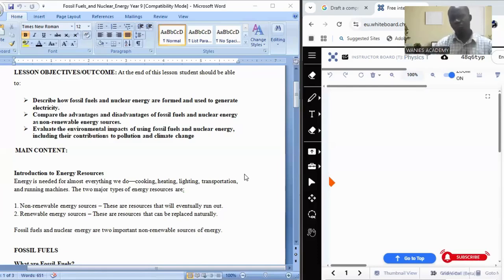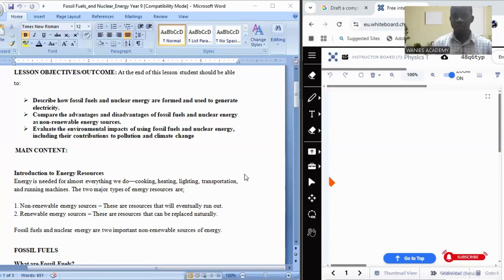Then we also have the second classification, which is renewable energy sources. The direct opposite of the first one is renewable. When you say something is renewable, it means that you can replenish it. You can get it back.